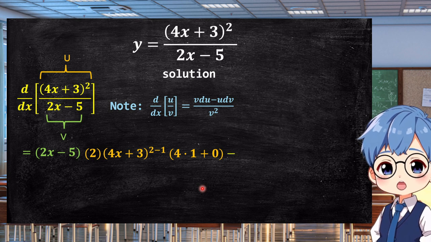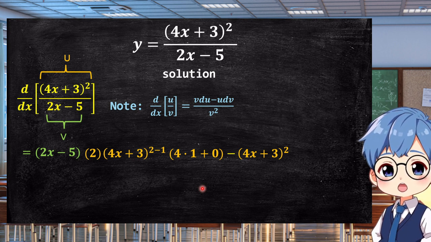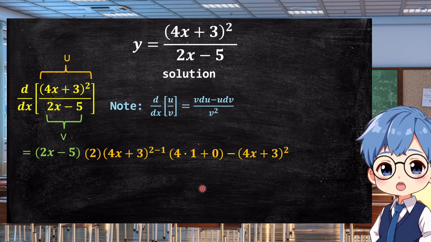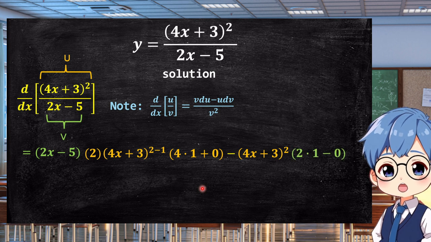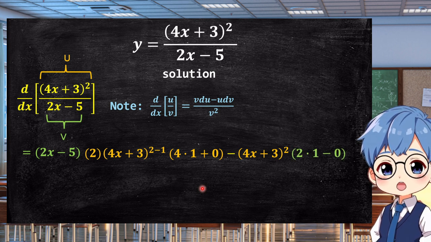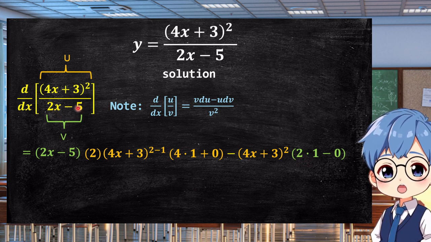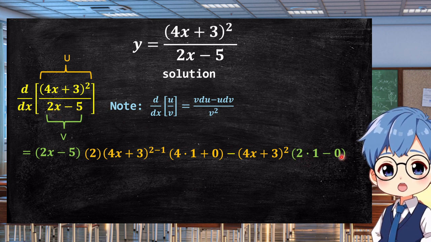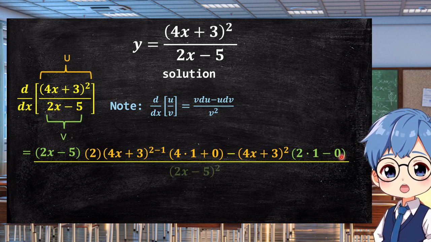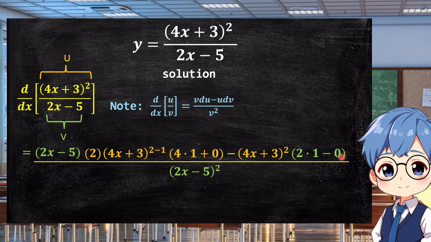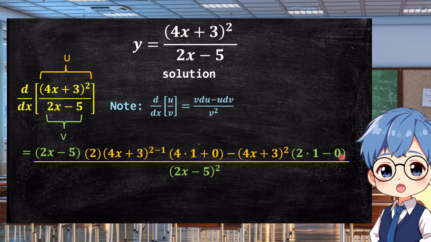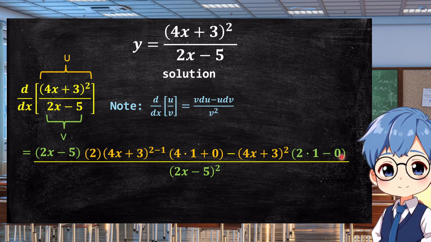Then we have minus, our u is 4x plus 3 quantity squared. Then we have the derivative of v. So the derivative of 2x is 2 times 1. So minus the derivative of 5 is 0. All over, so again our v is just 2x minus 5. And according to the formula, it's v squared. So 2x minus 5 quantity squared.